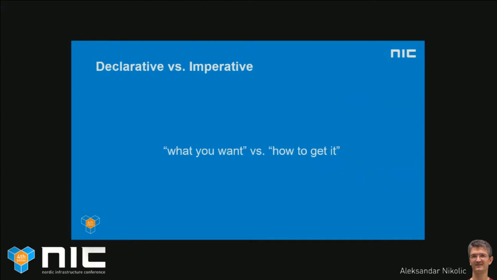The main change here compared to PowerShell scripts as we know them is a different approach to the problem. We have that declarative versus imperative approach. We think here about what we want instead of how to get it, right?